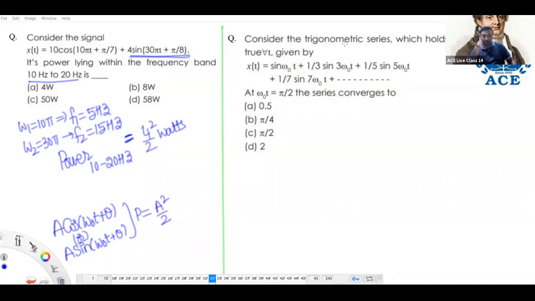Is the question, sir? Very good, Srikant. After substituting pi by 2, it becomes 1 minus 1 by 3 plus 1 by 5 minus 1 by 7, like that, sir.